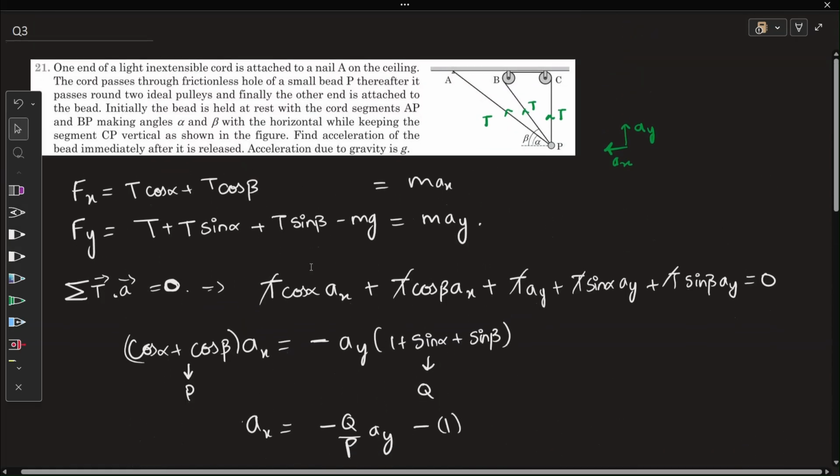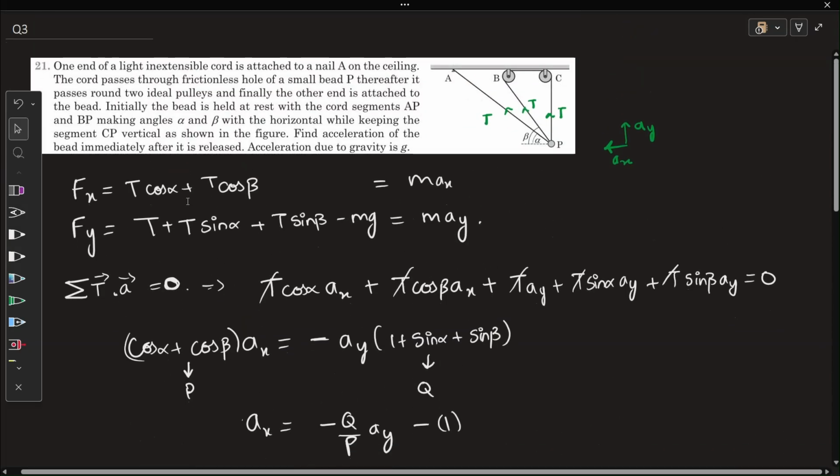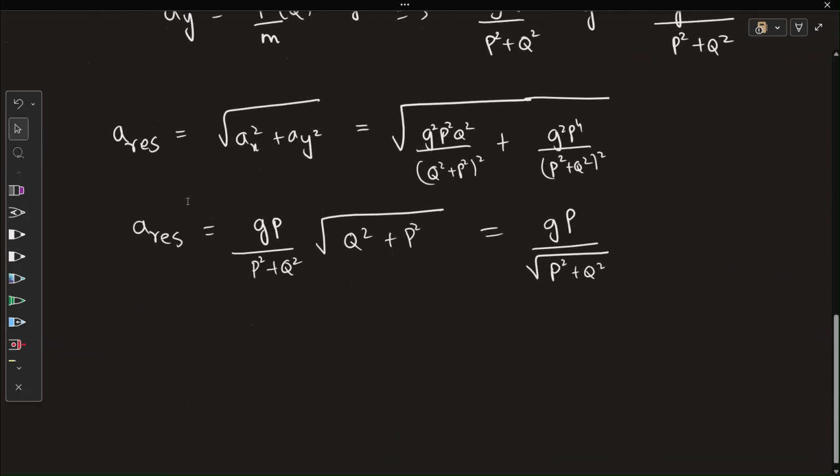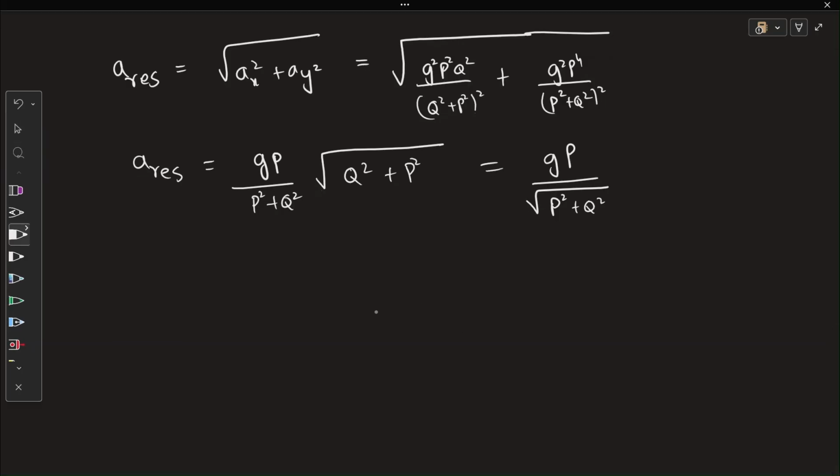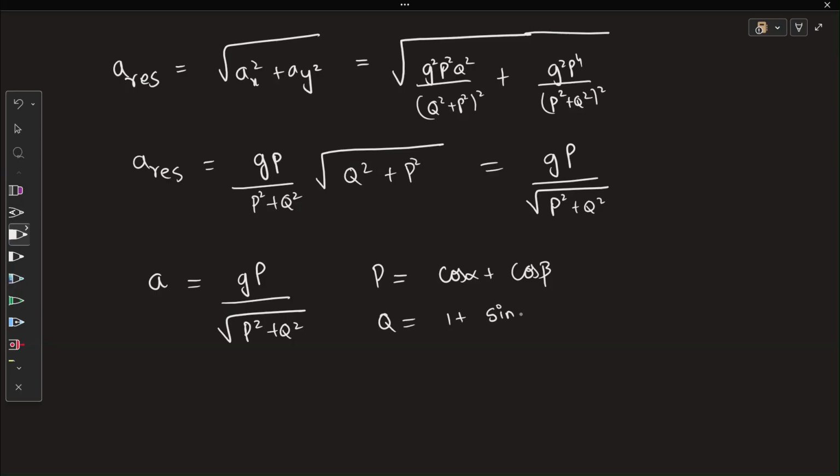Okay, now find the acceleration of the bead immediately after its release. This is the final resultant acceleration a, which is g p by under root (p square plus q square), whereas p is cos alpha plus cos beta and q is 1 plus sin alpha plus sin beta.